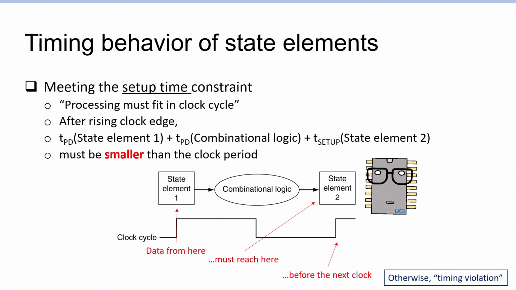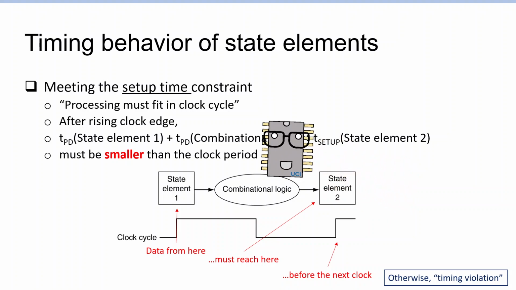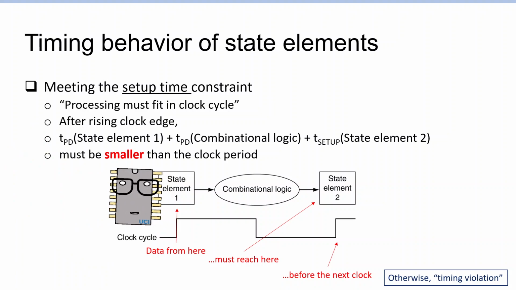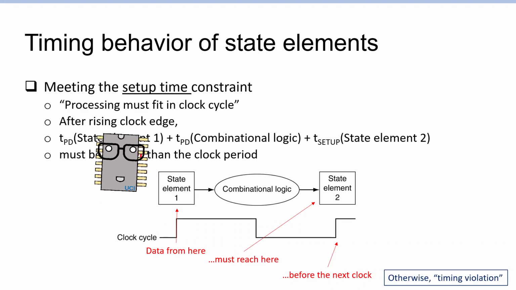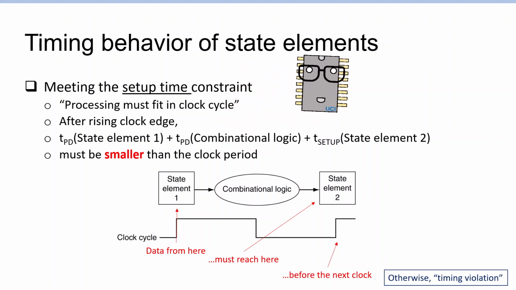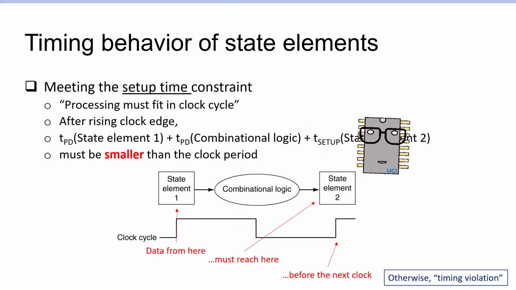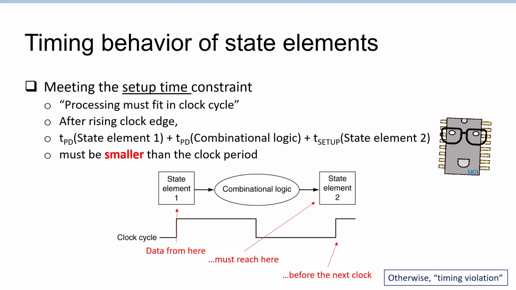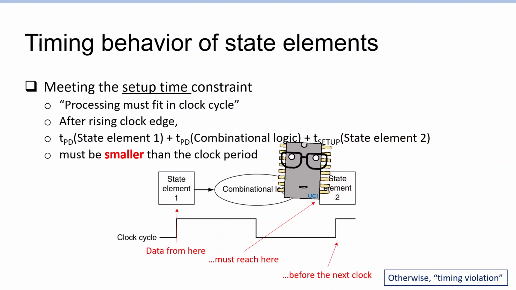And the setup time constraint in this situation basically says the propagation delay of state element 1, so the time it takes for the output to become stable for state element 1, plus the propagation delay of the combinational circuit plus the setup time of state element 2, which basically says before this next clock period starts, the input to state element 2 needs to be stable for this amount of time. So the addition of these three numbers must be smaller than the clock period.